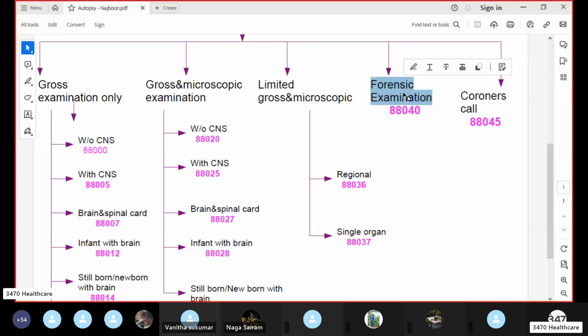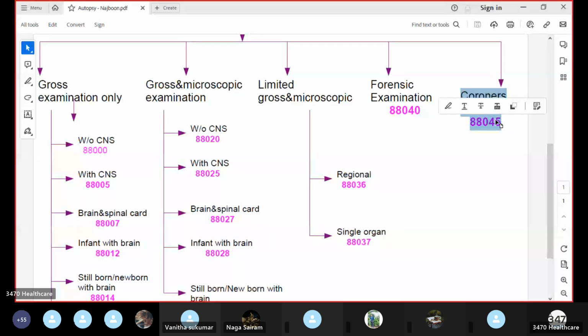Then coroner's call: as per court order, to find the cause of death. That is for coroner's call.